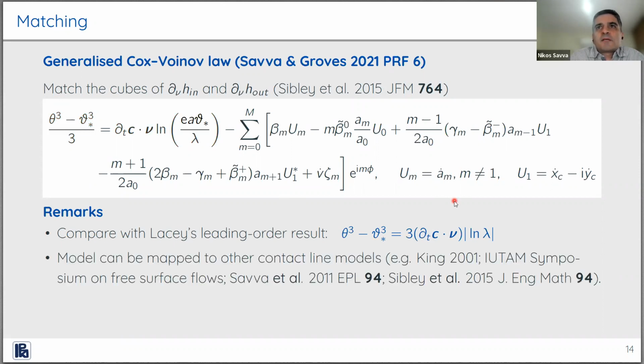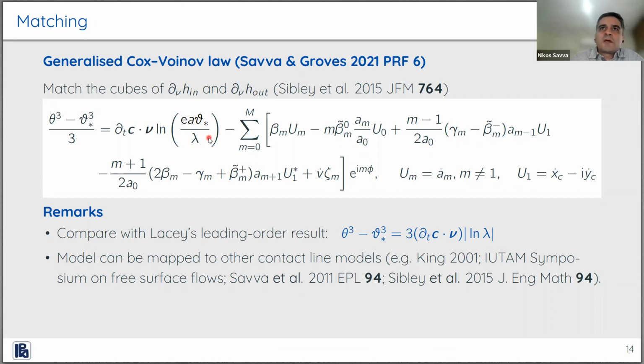Another important remark is that we can actually consider different kinds of contact line models if we just replace, for example, lambda here with the other microscale of a different problem. So for example, if we are using a precursor film model where we have a thin layer of liquid ahead of the droplet, you can replace lambda with a multiple of the thickness of the precursor layer.